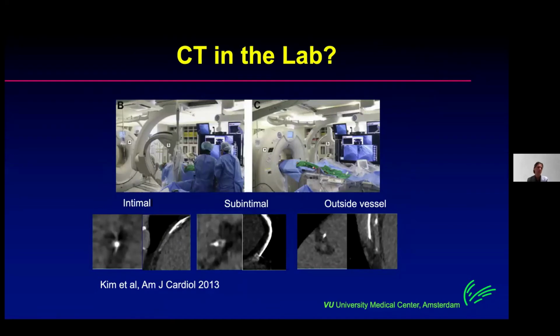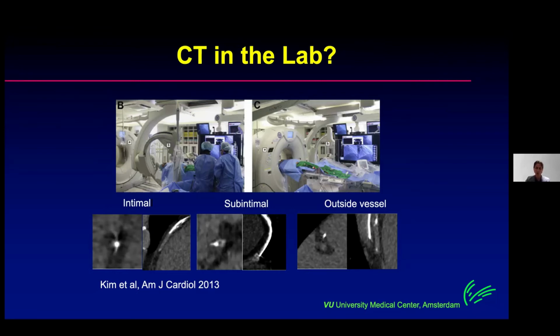CT in the lab is something that the Koreans did back in 2013. I don't know whether that's going to be the new field, but it's interesting when you can allocate your wire in the CT lab, even in a sort of hybrid approach.